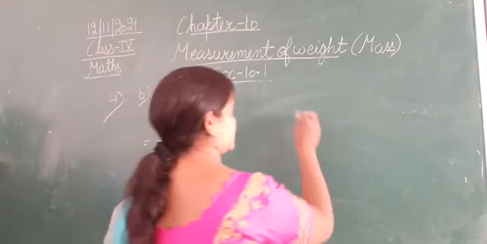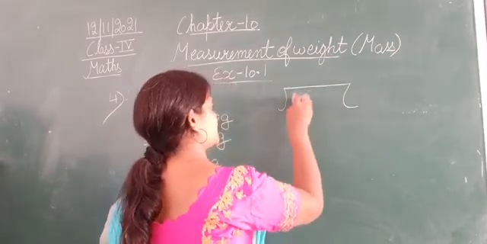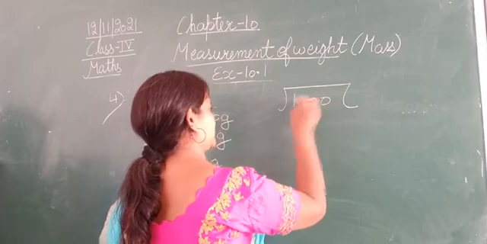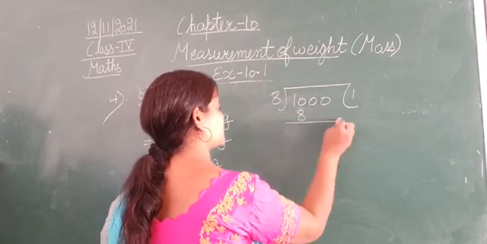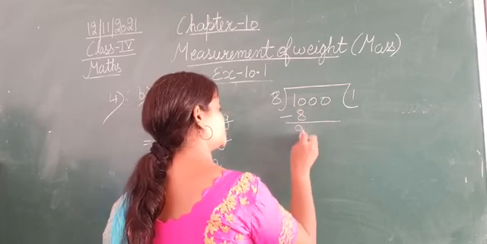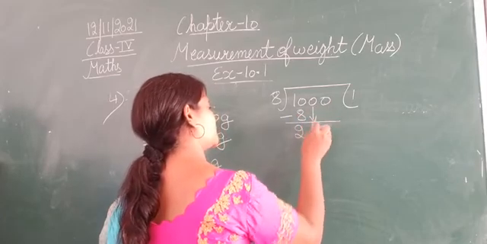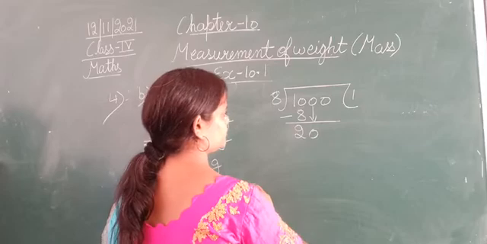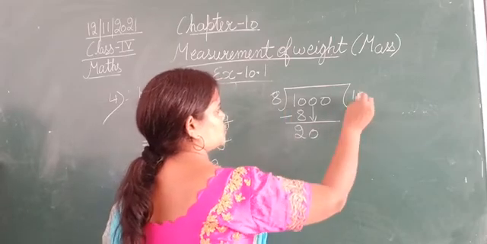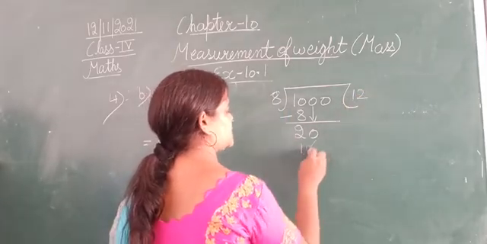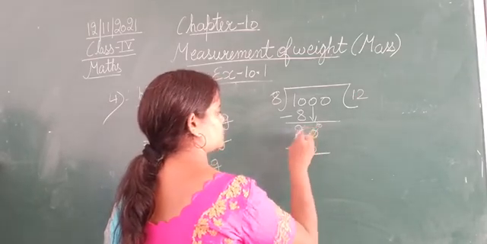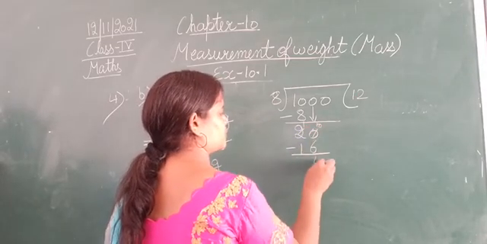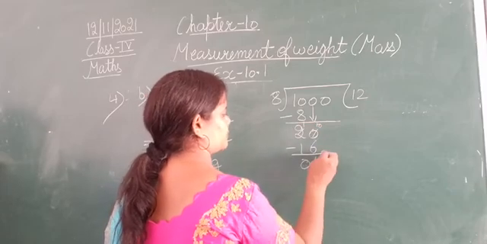So let's divide 1000 by 8. 8 ones are 8. 10 minus 8, 2. Bring down the 0. 8 twos are 16. 10 minus 6, 4. 1 minus 1, 0.